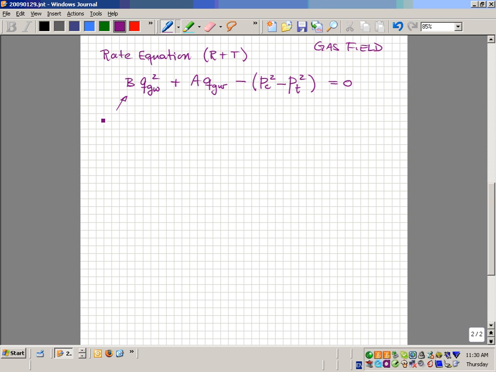This term represents the tubing pressure losses. This represents our reservoir pressure losses. And this is, of course, the total pressure loss.